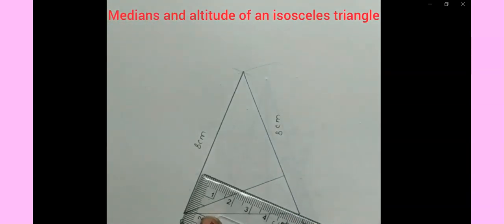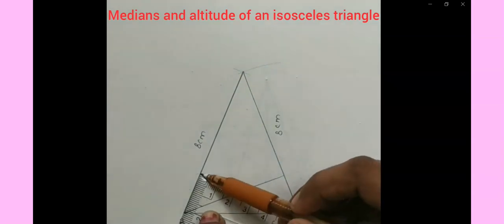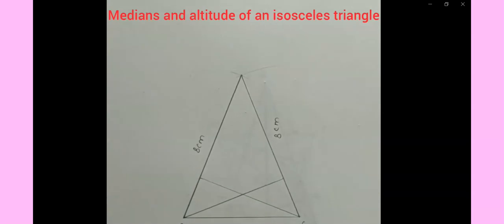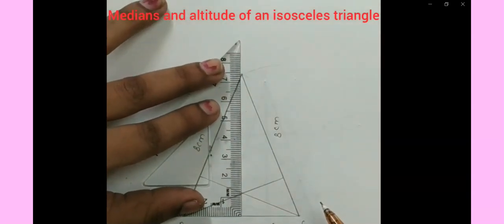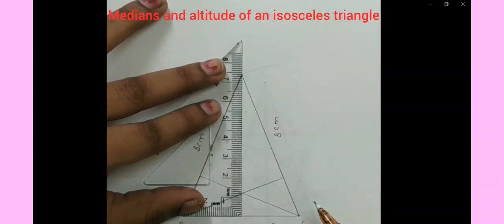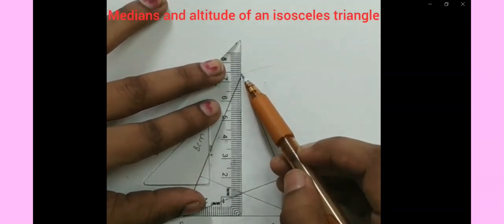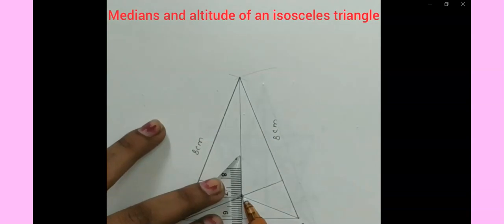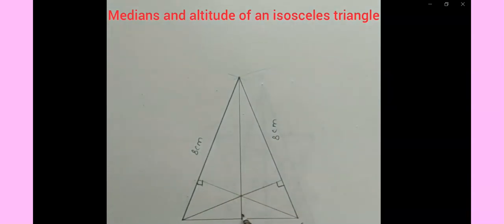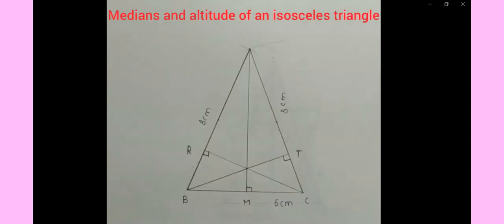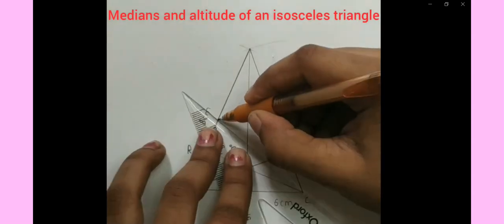For the altitudes, we will draw the perpendicular from the opposite vertex on the side. This is the second altitude, and this is the third altitude. In this way, we get the orthocenter. The point lies in the interior of the triangle ABC.